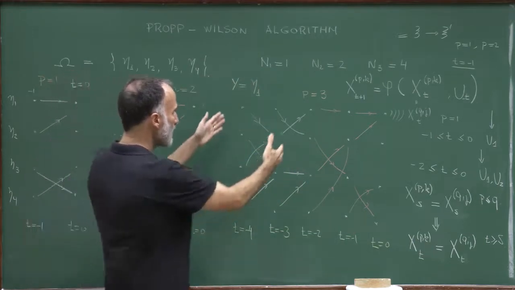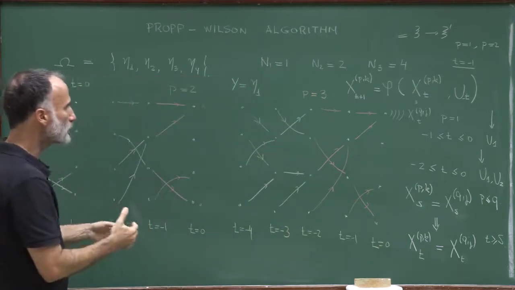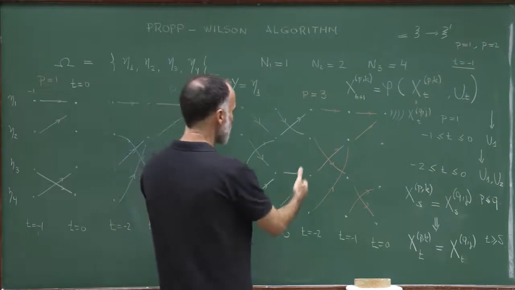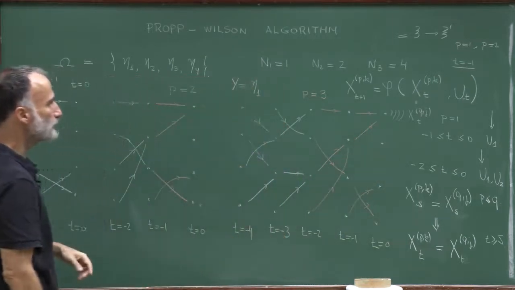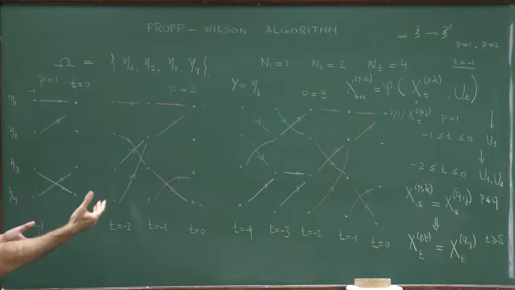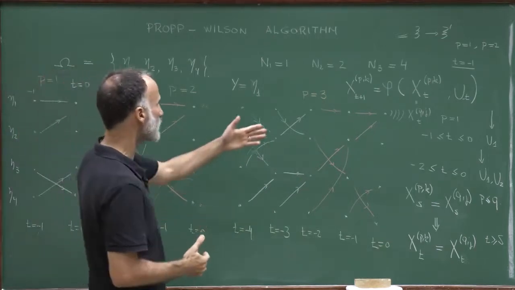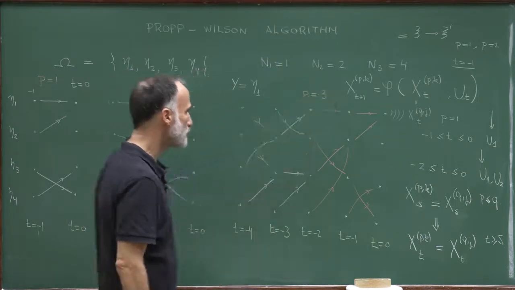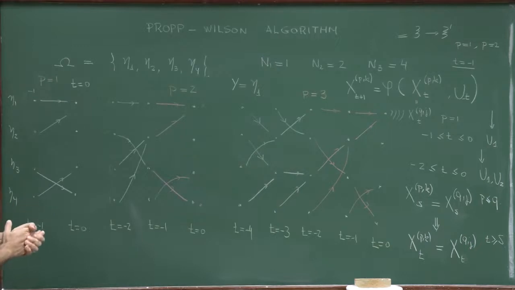We are just adding a new set of randomness, adding new information to this, but we are not changing entirely the distribution of these arrows, so the jumps of our process x defined by this equation. So this is Propp-Wilson algorithm, an example to illustrate this algorithm.